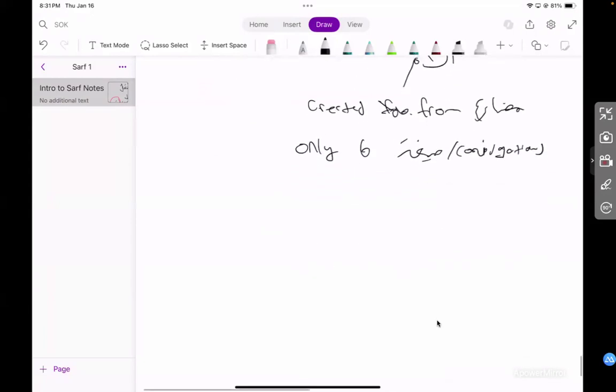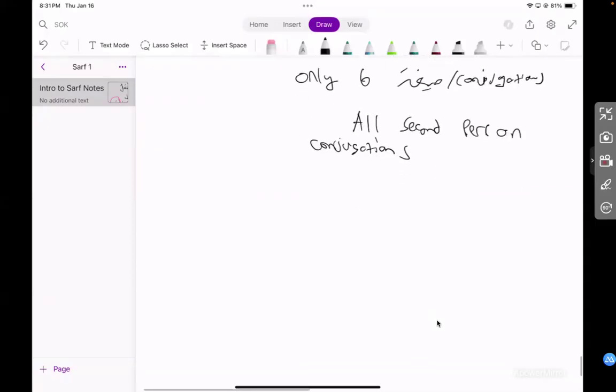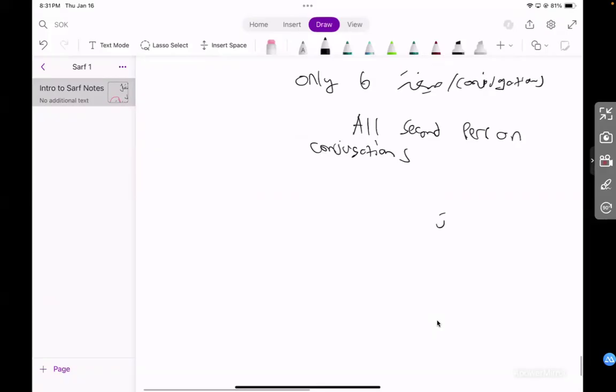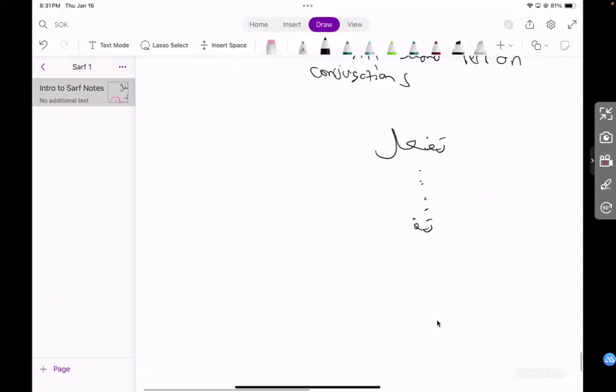What are those 6 conjugations? They're all the hadir sighas, all second person conjugations. That is what constitutes your amr, starting from taf'alu all the way till taf'alna. That is your range of amr.